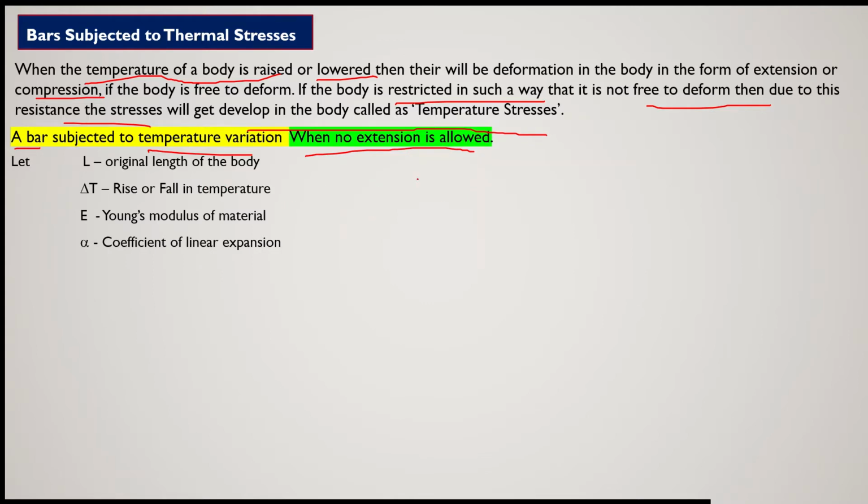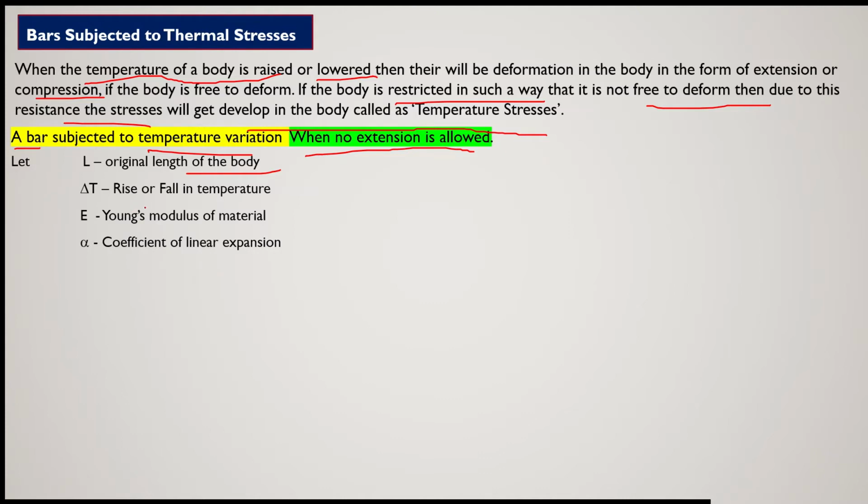Suppose we take an example of a body. Let L be the original length of the body. It may have an initial temperature, say T1 degrees Celsius, and let the final temperature be T2 degrees Celsius.